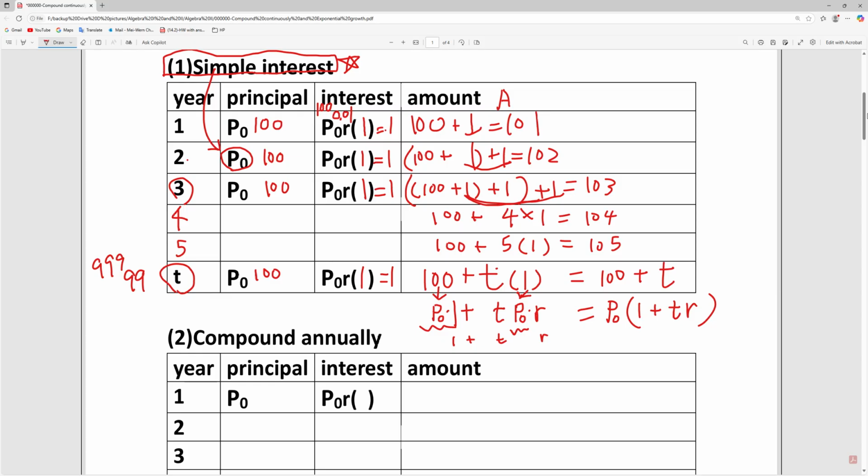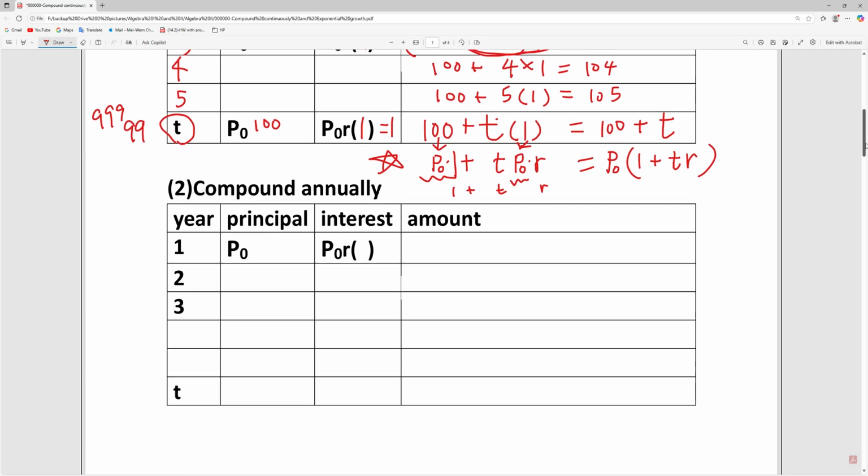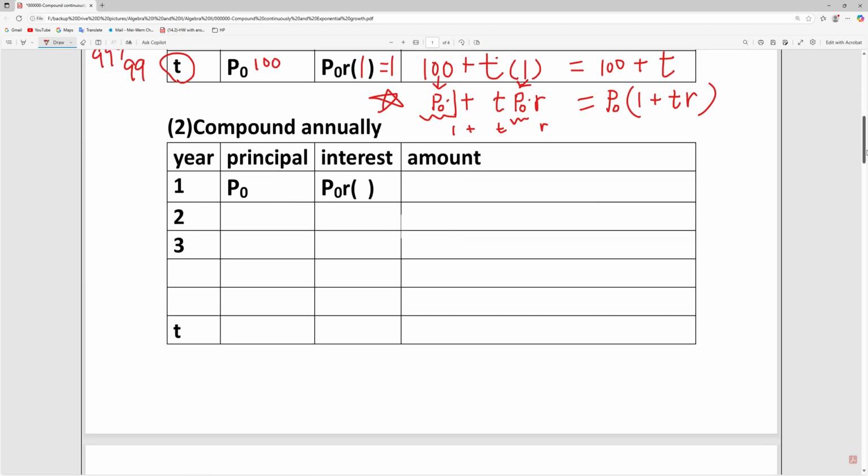You can review and see also. I'm not going to erase all the examples for $1 and the 0.01 rate, but the real formula will be here.